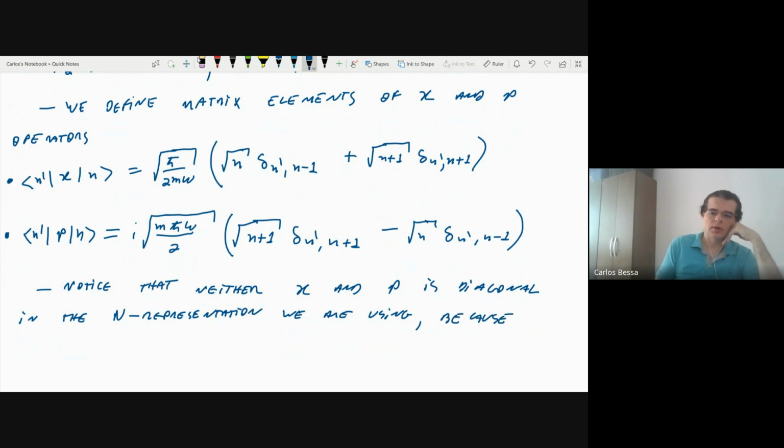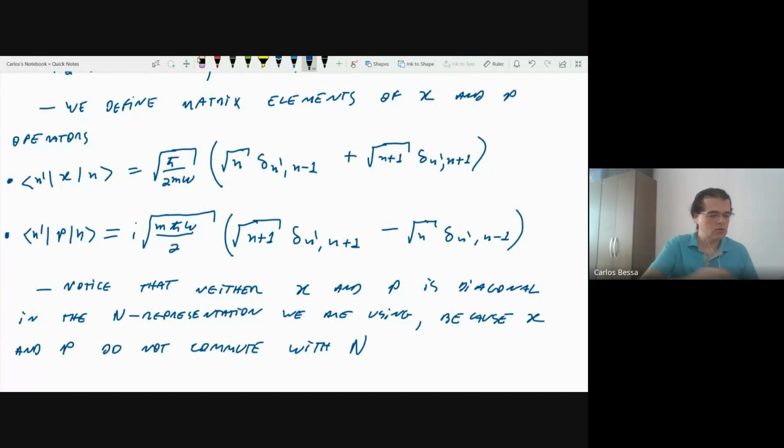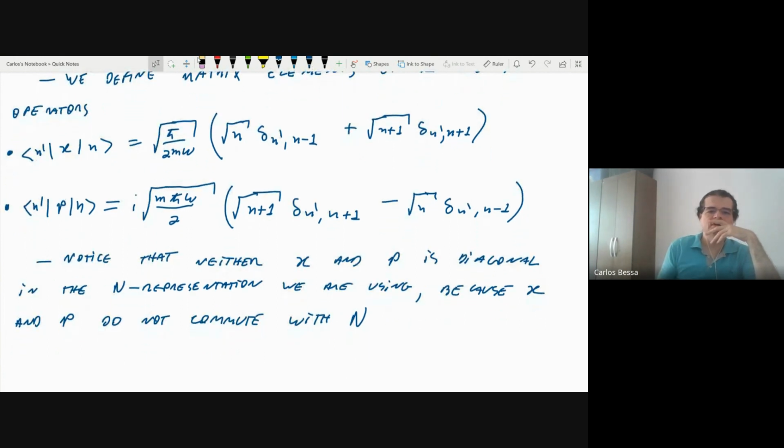Because x and p do not commute with n. So, okay, we can check this in the end, but I think here, because this is 1 and this is 1, this term will be 1 and 2.